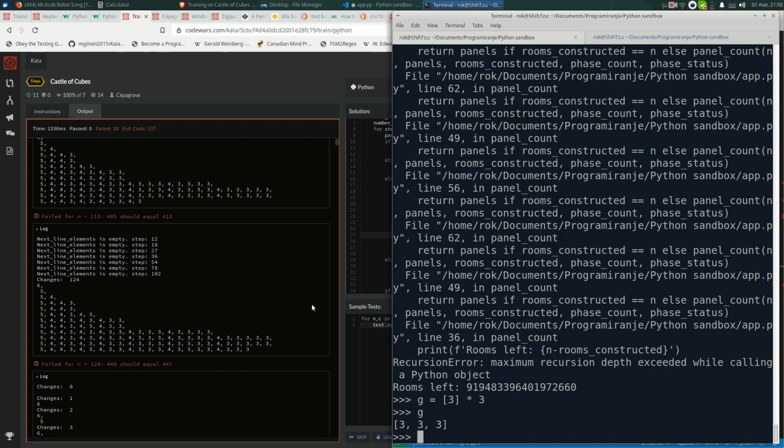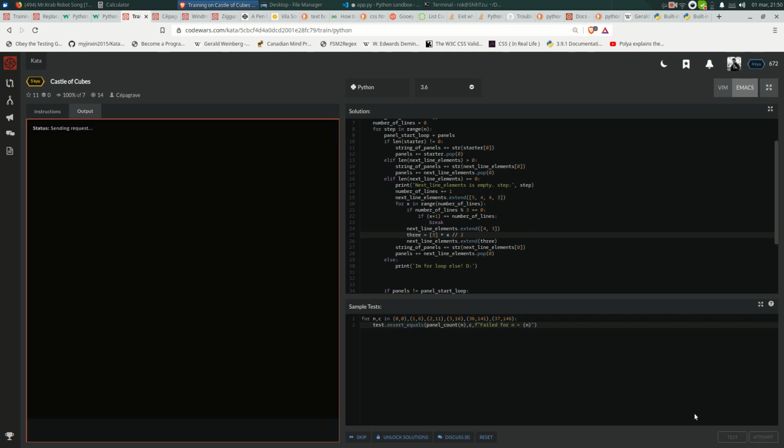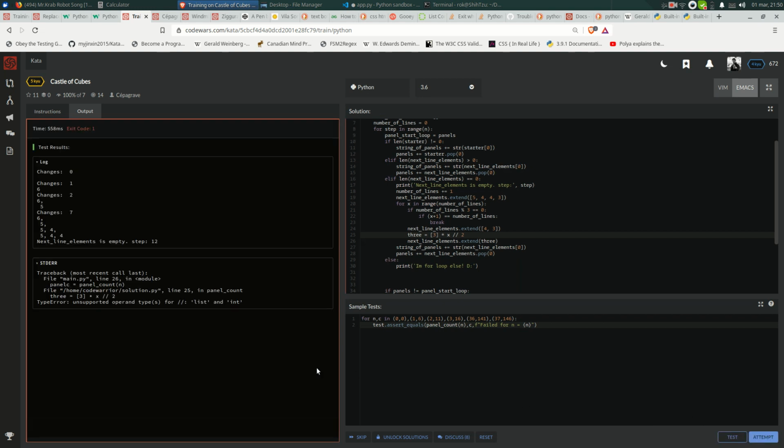Can we do it like so? 3 is x floored down. 2 divided by 2. Is that the proper way? For list and int. Well, yeah. It has to be like so.